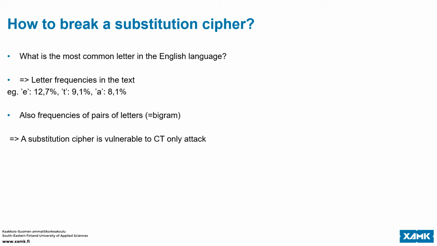Also, you can use the information about frequencies of pairs of letters, which are called bigrams. If you take this into consideration, you would probably be able to figure out at least parts of the original message just by looking at the ciphered message. What that means is that a substitution cipher is vulnerable to what is called a ciphertext-only attack. Ciphertext-only means that you only need to look at the ciphertext and you will be able to figure out what the original message was.